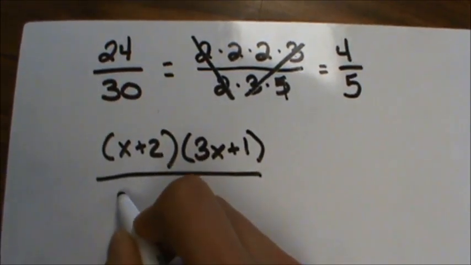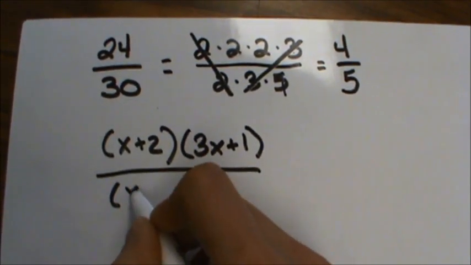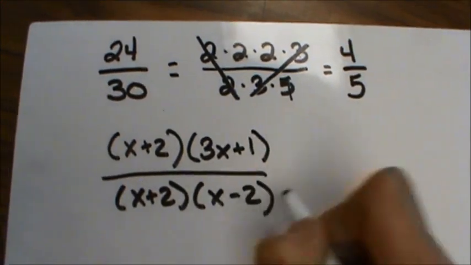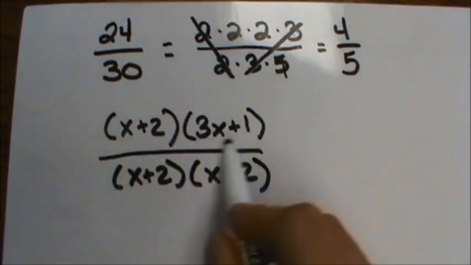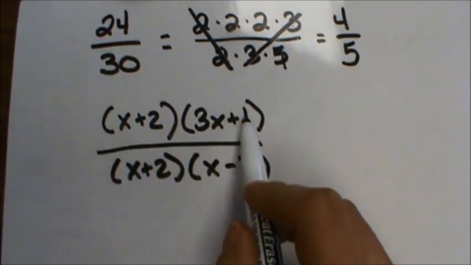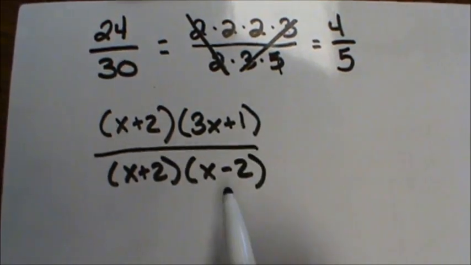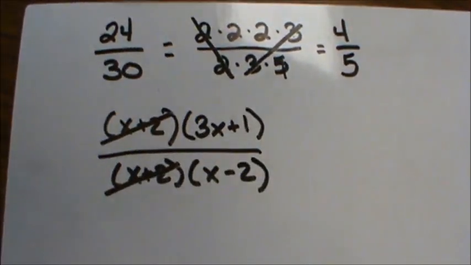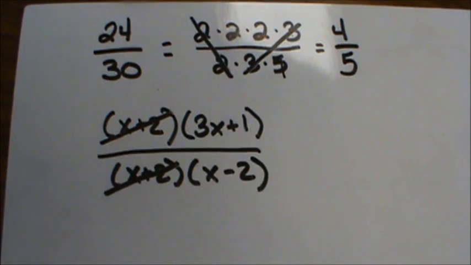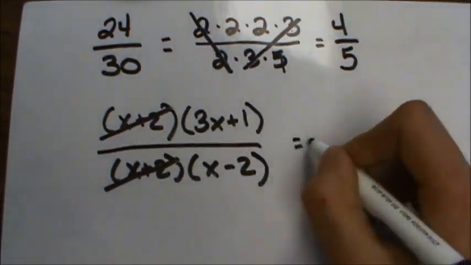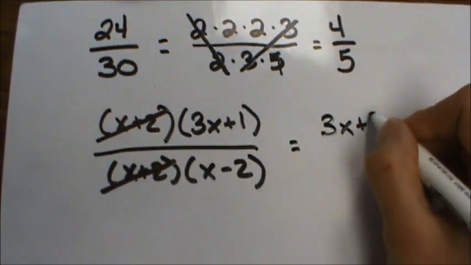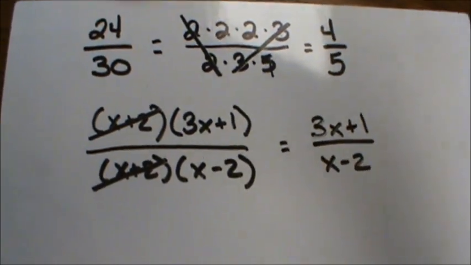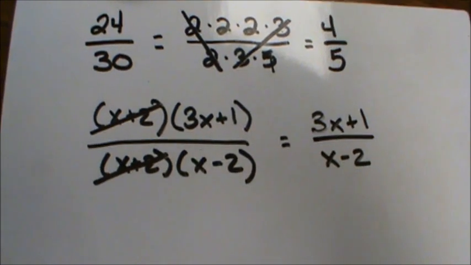So for example, in this algebraic fraction, the top is completely factored, the bottom is completely factored, and I can cancel the common factors. The simplified version of this algebraic fraction is 3x plus 1 over x minus 2.